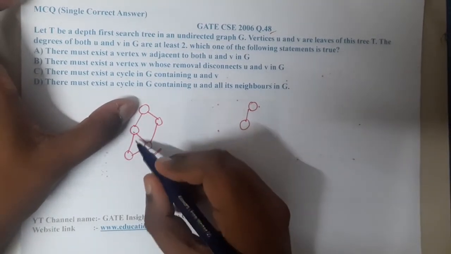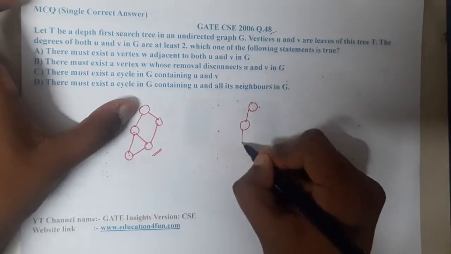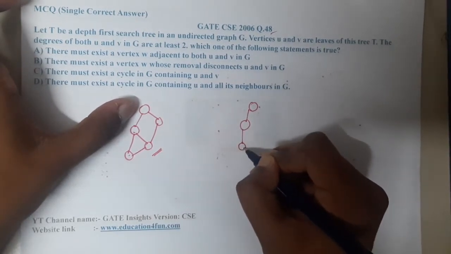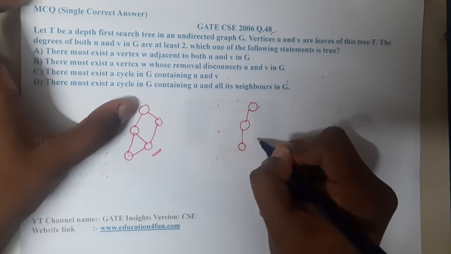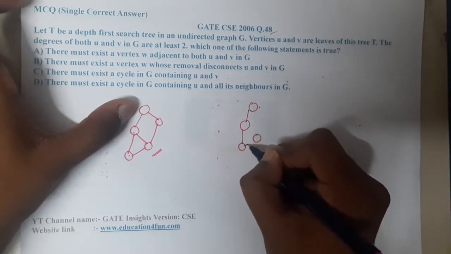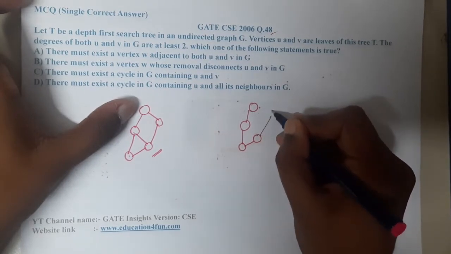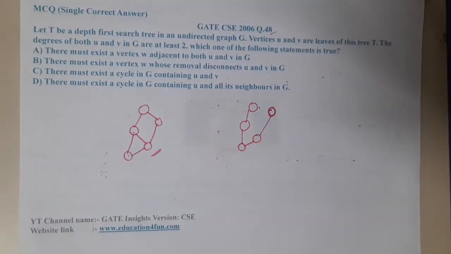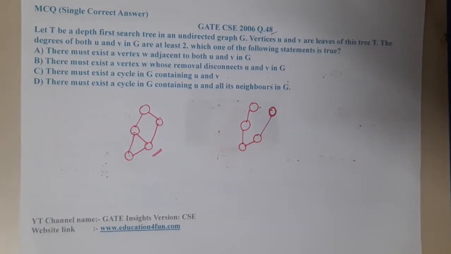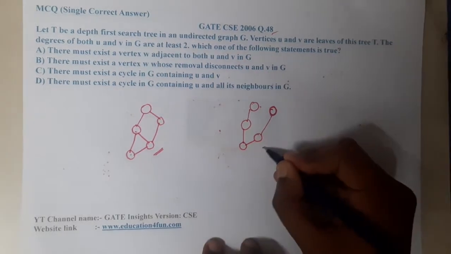From here you can go any way, so let us go this way, and from here you can go this way. So this could be one of the options, for our understanding. This is an example.